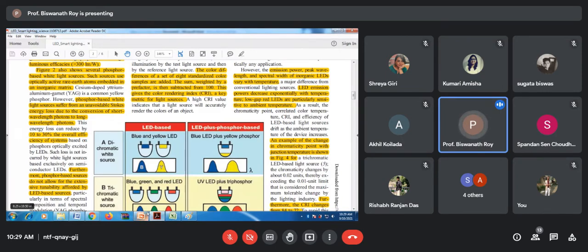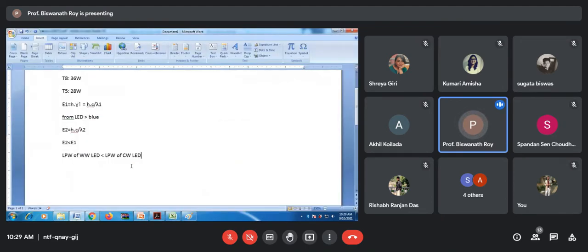What is the reason? The conversion efficiency of the phosphor for cool white is more than the conversion efficiency of the phosphor in warm white. That's why, in the marketing language, with the same wattage you are getting more light. They always say this: you will get more light, but the light is cool white.